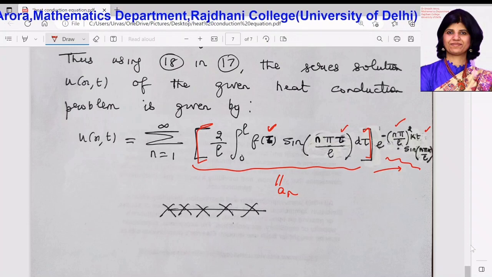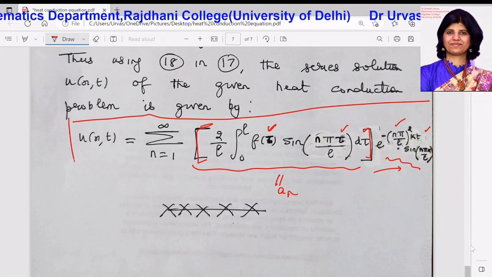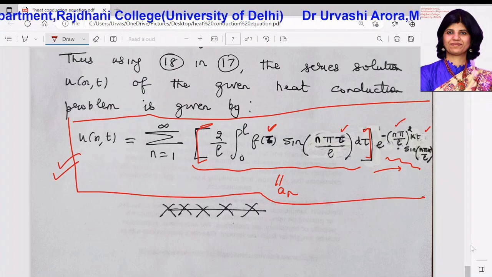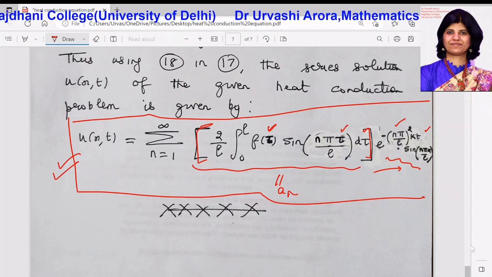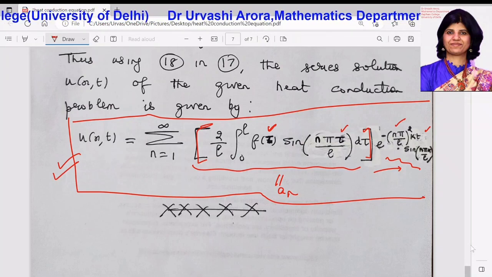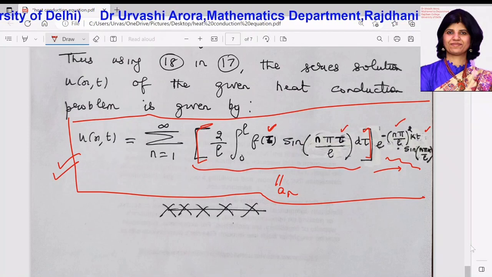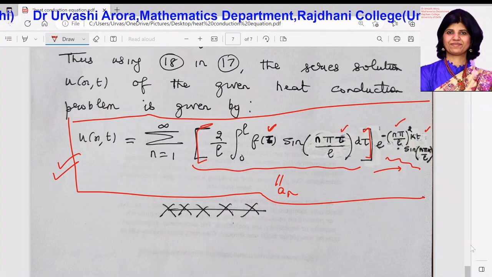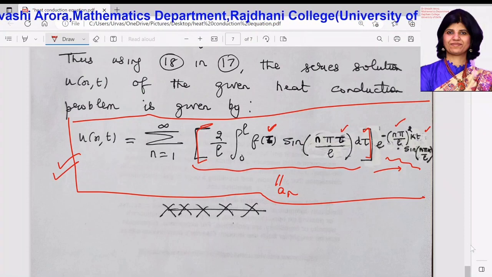This is only the value of a_n. So this is the final solution that we have obtained for the heat conduction equation, and this solution is in the form of a series. So this is the series solution of the heat conduction equation. The given problem 1, which involves the heat conduction equation with two boundary conditions and one initial condition, has this series solution. So that was all about the solution of the heat conduction equation using the method of separation of variables.